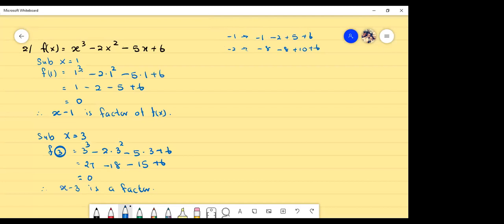Then minus 8, minus 16 and plus 16 is 0.